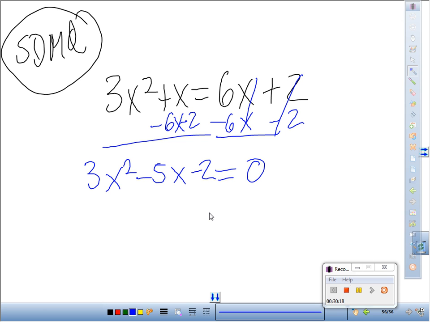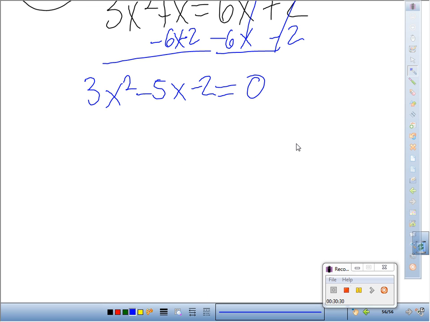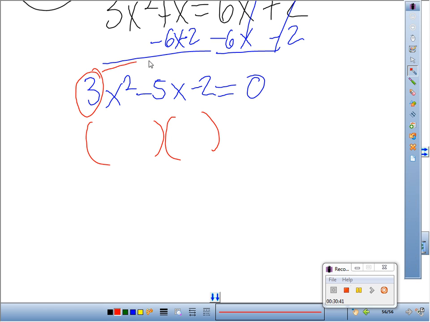Do you know what to do from there? Yeah. Finish it off, please. 30 seconds. You see it? All right, help me out, Isaac. I'll open two parentheses. There you go. Continue. Multiply 3 times negative 2.